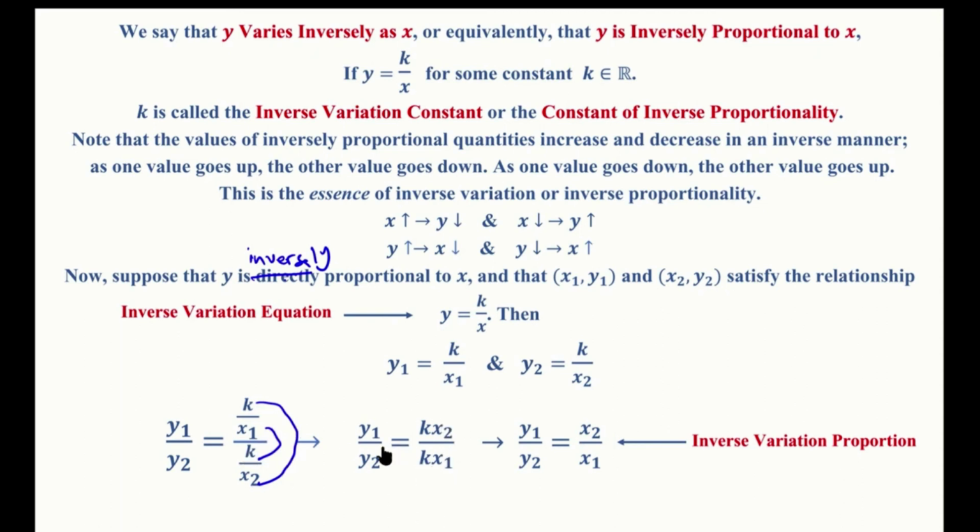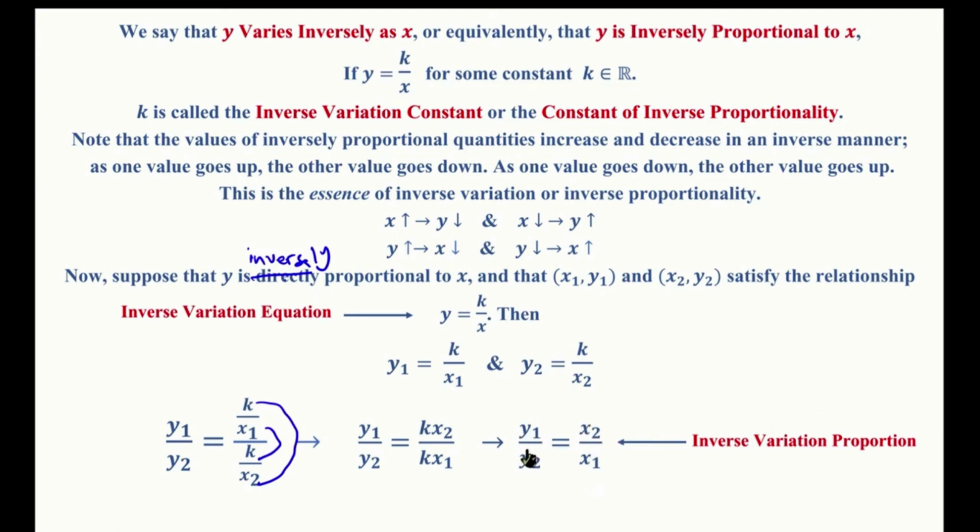Notice how the k's cancel out. So when we have inverse variation, instead of getting y1 over y2 equals x1 over x2 like we did in the case of direct variation, we get the reverse. We get y1 over y2 equals x2 over x1.